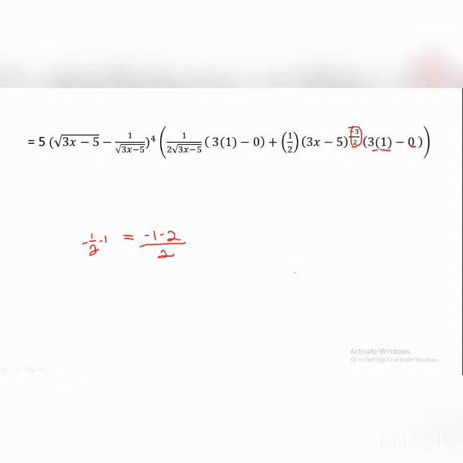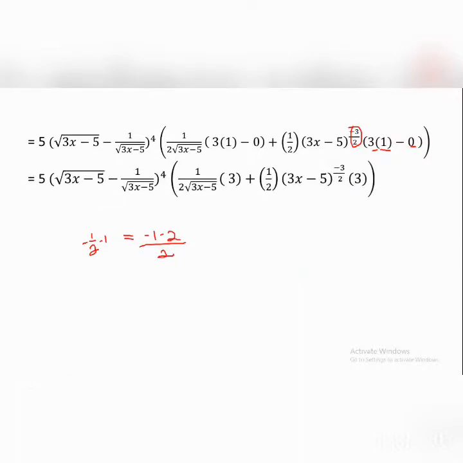So in the next step we solve this bracket. Then we get 3 ones are 3 minus 0, half is as it is, and again 3 ones are 3 minus 0. So in the next step, whatever common terms are there, take them outside the bracket. Here 3 upon 2 is common, so take it outside the bracket.